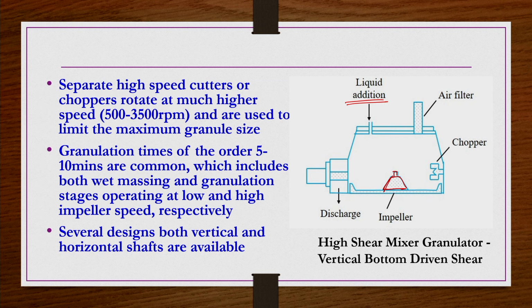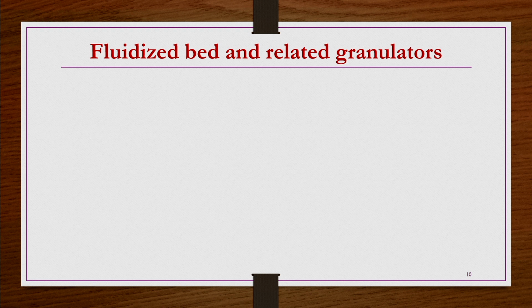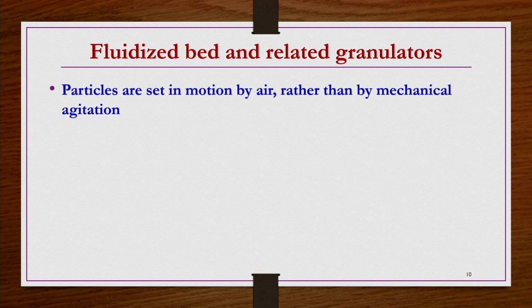We have taken only two designs of the high shear mixer granulator, horizontal and vertical driven shear. As per the requirement, one can choose these designs or even modify them. Then fluidized bed and related granulators is the other type of granulators that we have seen. So we see some details about them now.